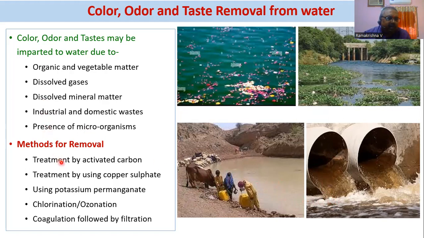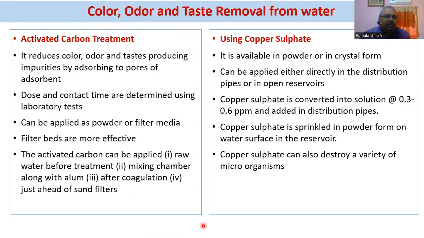So methods for removal. There are possibilities: activated carbon, copper sulfate, potassium permanganate, chlorination or ozonation, and coagulation followed by filtration. So let us see the activated carbon treatment.